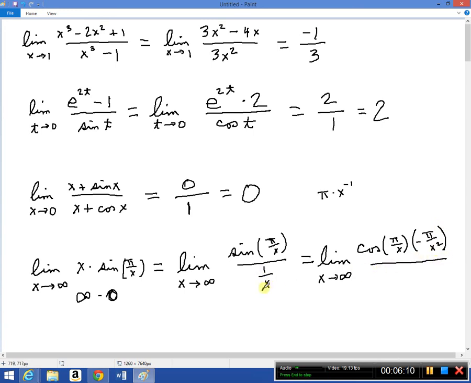Because the derivative of 1 over x is also minus x to the minus 2, or minus 1 over x squared. So that makes it easy to simplify this thing.